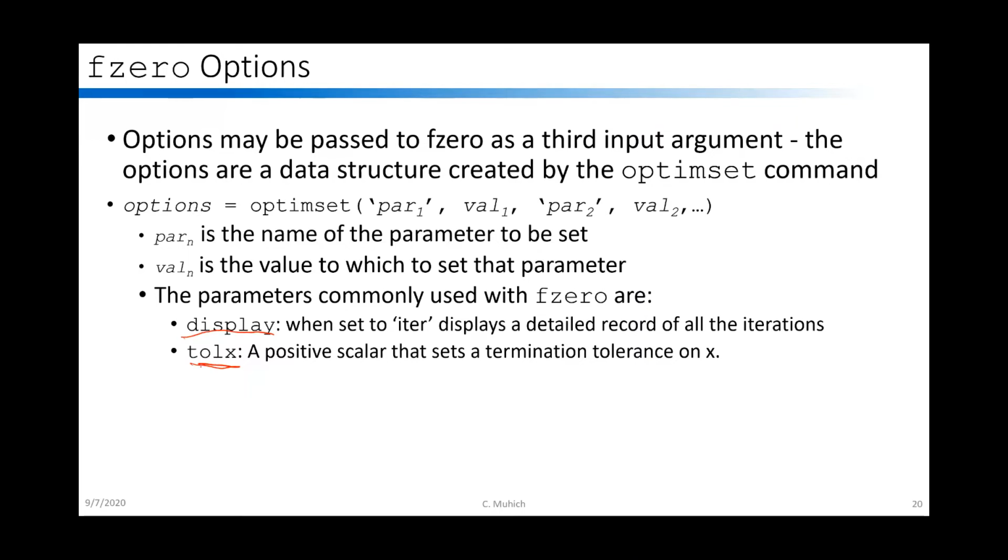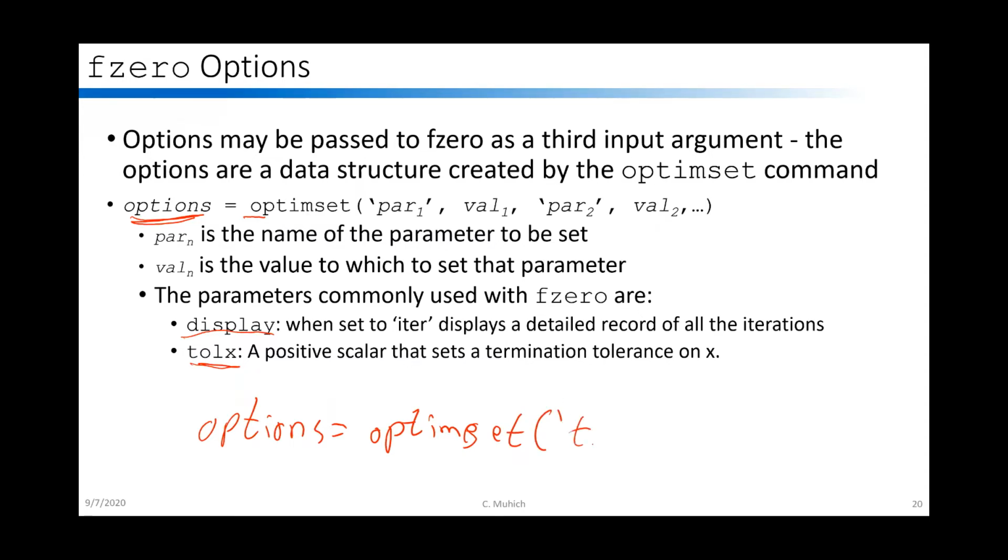or you could put in tol x, to tell MATLAB how tolerant the solution should be, right? So you make this first function call that's going to be options. So you would say options equals optimset. And let's say we want to change the tolerance.